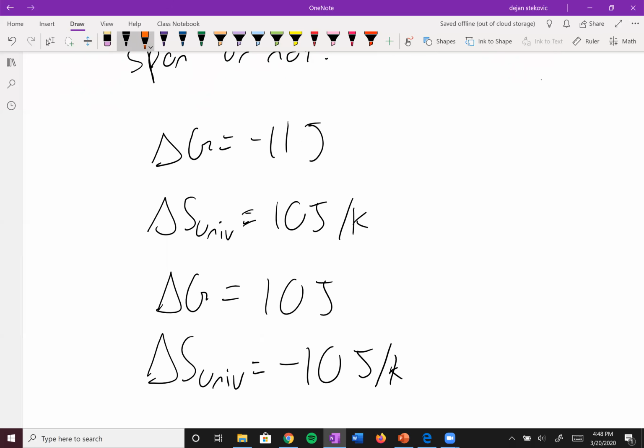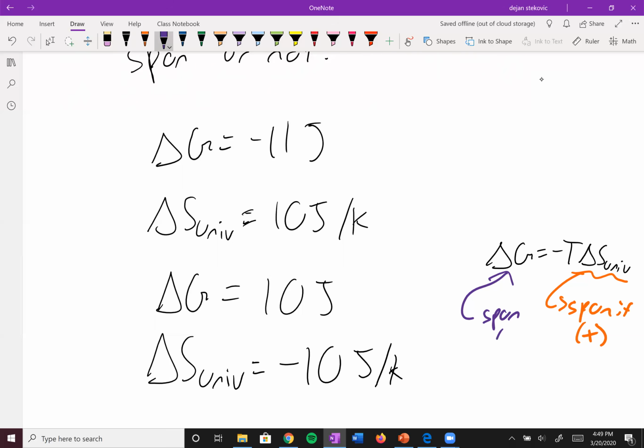Cool, so you've got to remember that the relationship is delta G equals negative T delta S of universe, and so they're opposite signs. So something is spontaneous if delta S is positive, and that means it's spontaneous if delta G is negative. In the first one, delta G is negative, that fits over here, and so this is spontaneous.